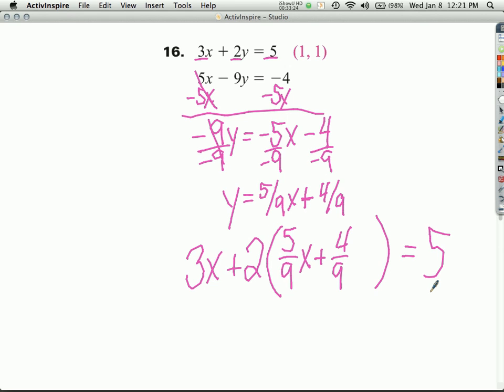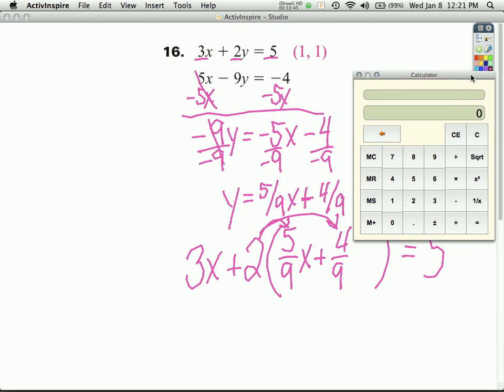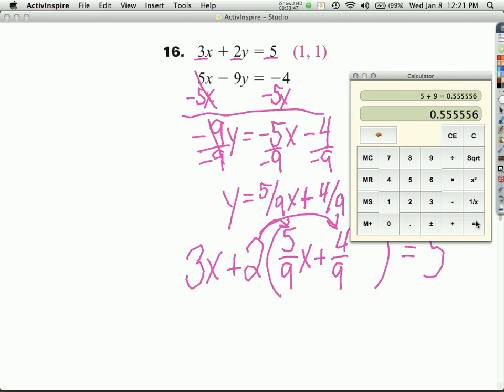This is 10, when you distribute, that's 10/9, and that's 8/9. And then you've got 10/9 x and 3x. I mean, that becomes very difficult to deal with. So in this case, I don't think choosing decimals was a bad choice. But you do have to be careful because look at what happens when you convert 5/9 into a decimal. It's a repeating decimal. And now if you round, you actually won't end up with an exact answer at the end.